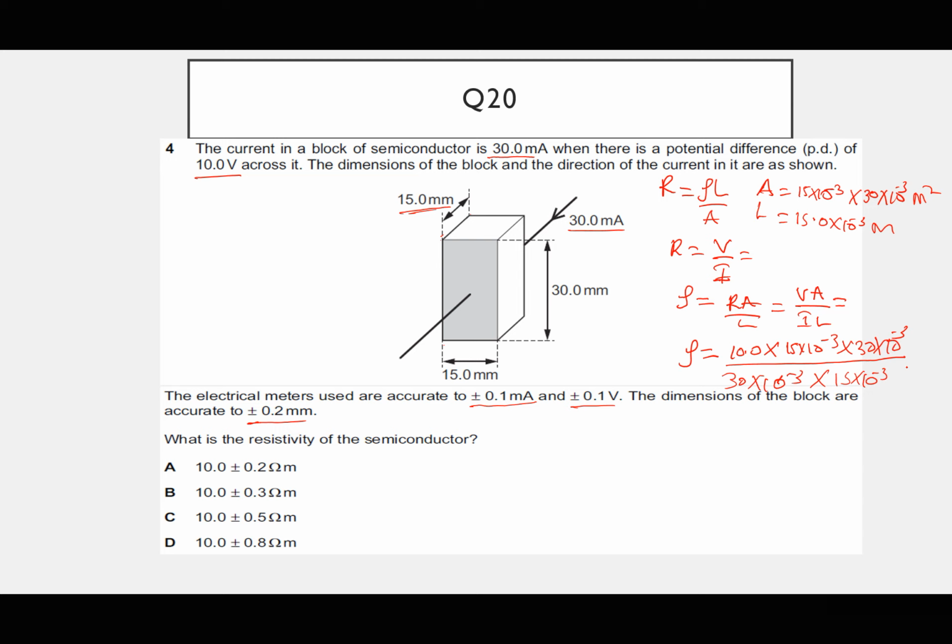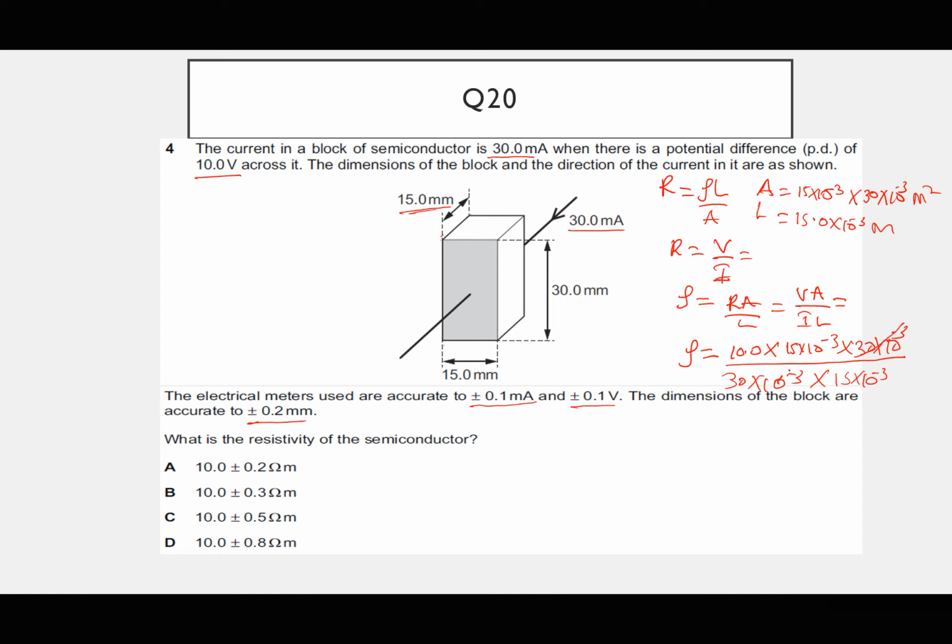So this is 10 times 15 exponent negative 3 times 30 exponent negative 3, divided by 30 exponent negative 3 times 15. Oh, I'm even wasting my time.